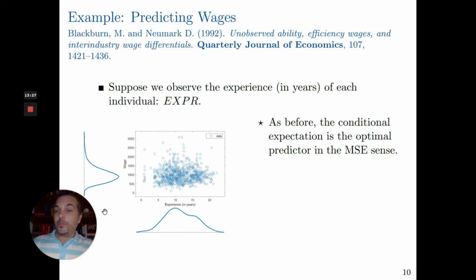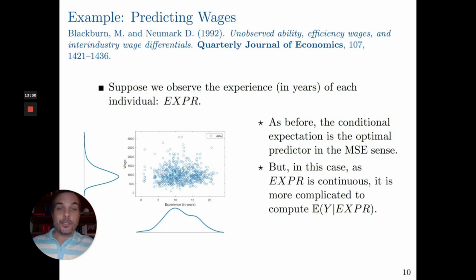So we need, again, the conditional expectation. But now we need a model, right? Because we cannot segment data, we cannot make assumptions about range of experience. So we need a model. Which model?